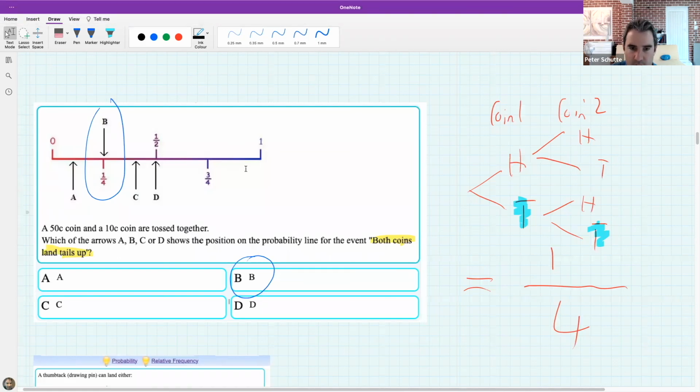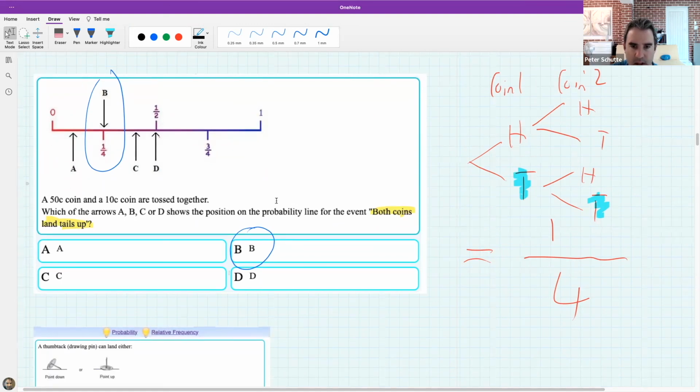How's everyone? There were a few questions here. Are there any questions about how I got that? I see a couple of you got D, but remember, we were calculating when it lands both tails up. Okay, can I repeat that?